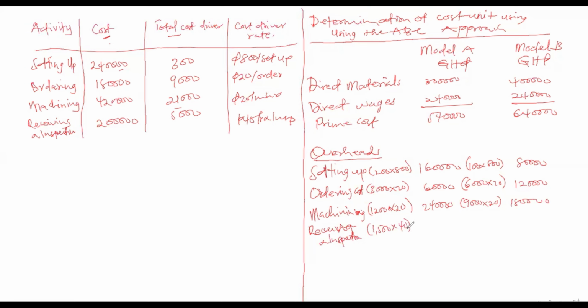Then we have 60,000. Then the number of inspections for module B is 3,500. So 3,500 by 40, and we have 140,000.